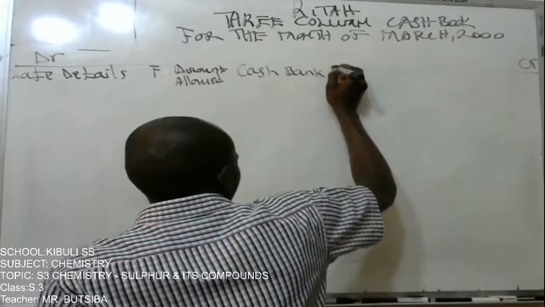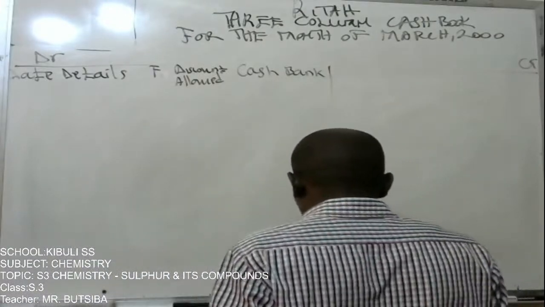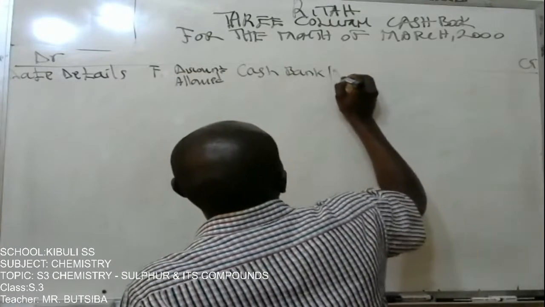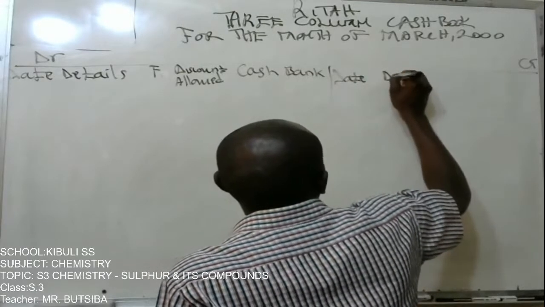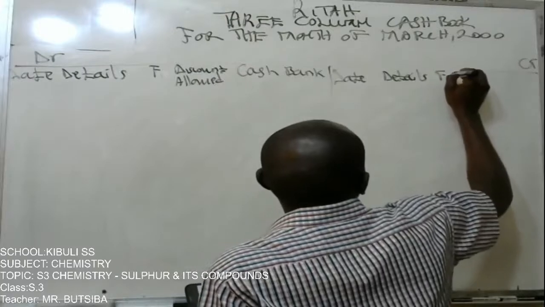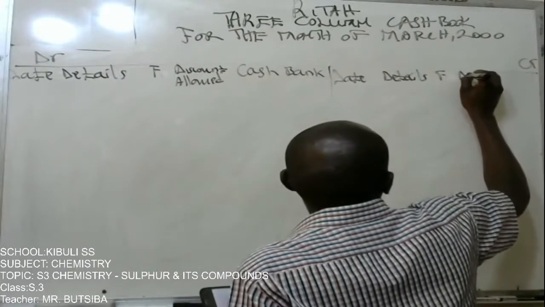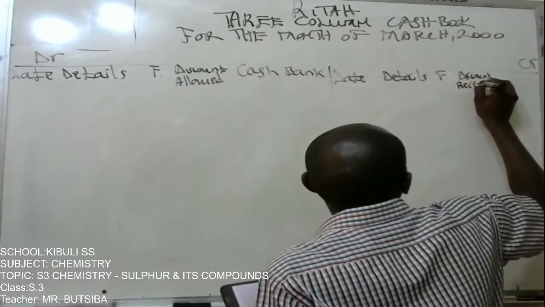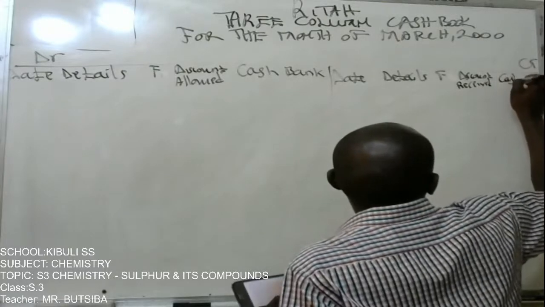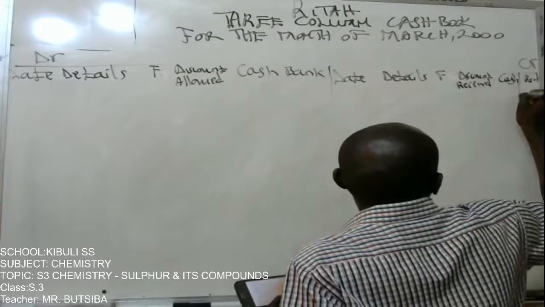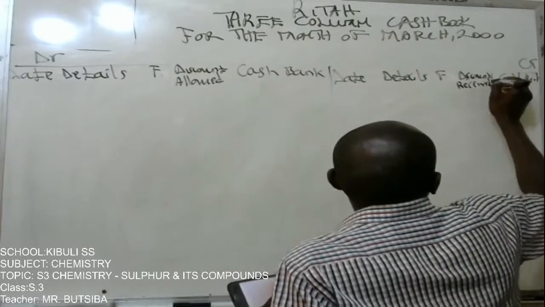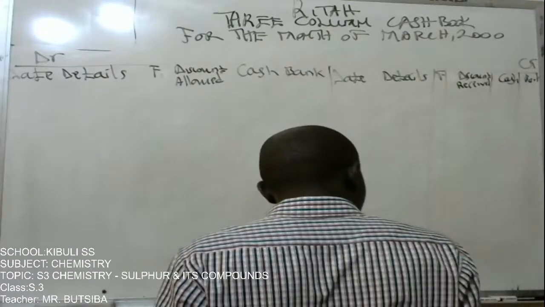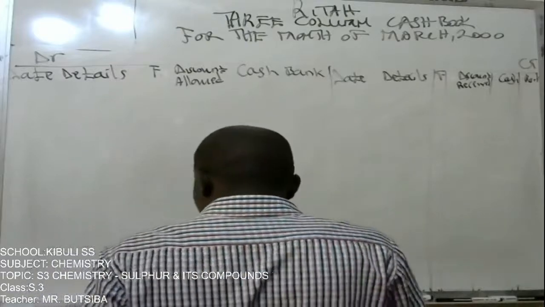Do the same on the opposite side: date, details, folio, discount received, cash, and then bank.